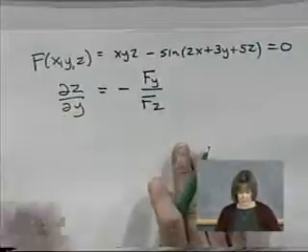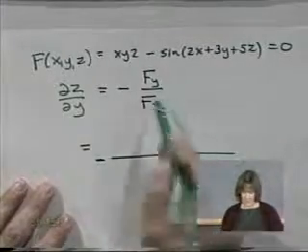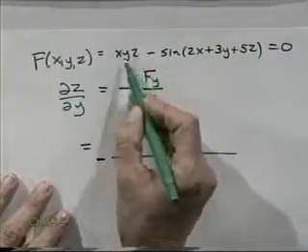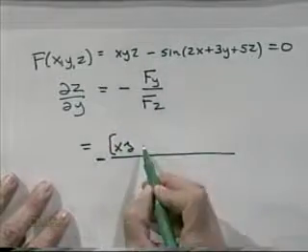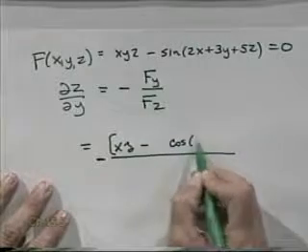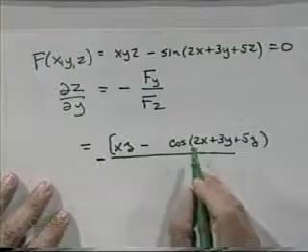So looking at this function right here, this will equal minus, and what's the partial of this with respect to y? Well, the partial of xyz with respect to y is just xz. And I have minus, derivative of sine is cosine, times the derivative inside.